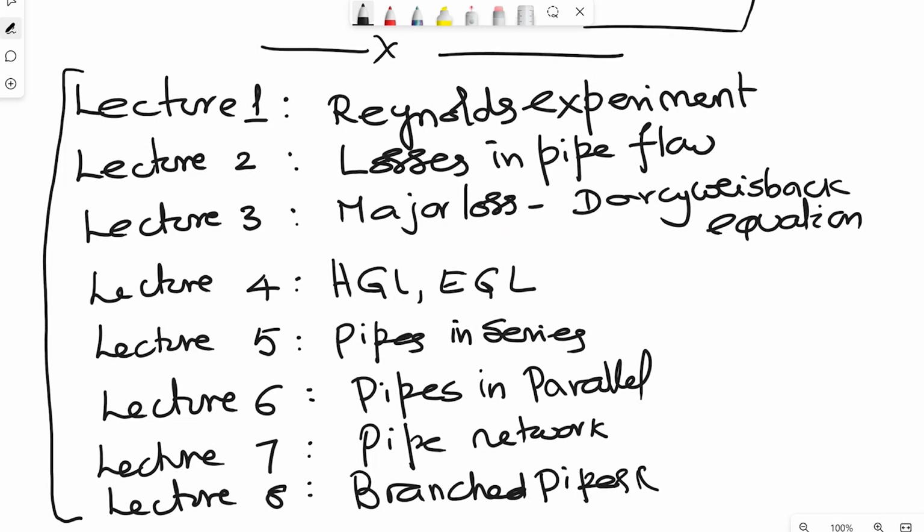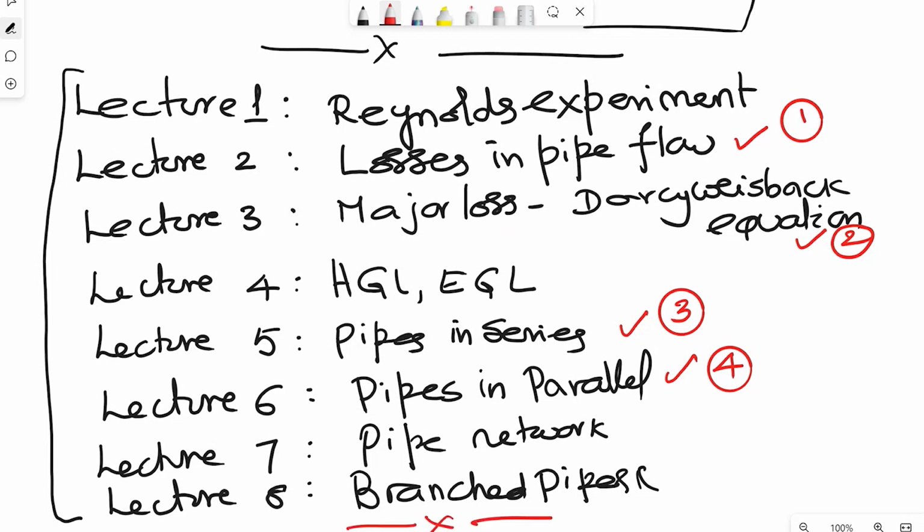In this topic, this is one area where you get problems, this is the second area, this is the third area, and this is the fourth area. These four types of problems you should practice, whereas the remaining are all theory questions.